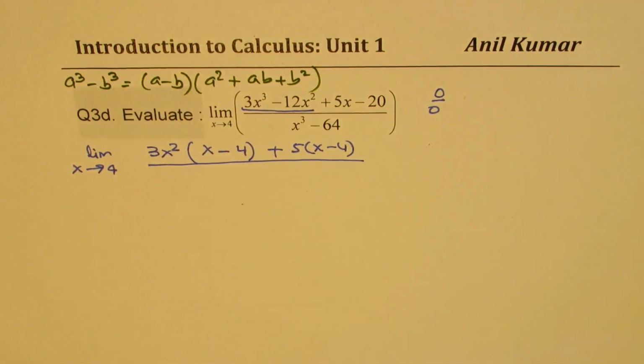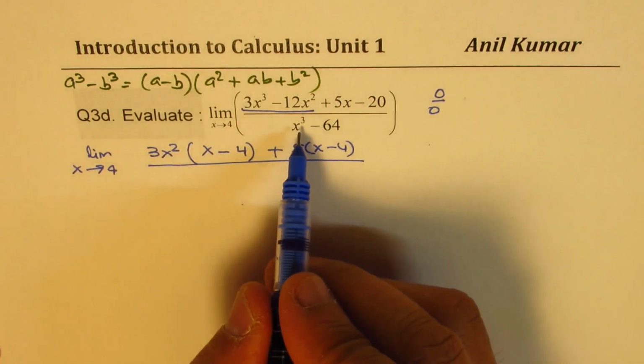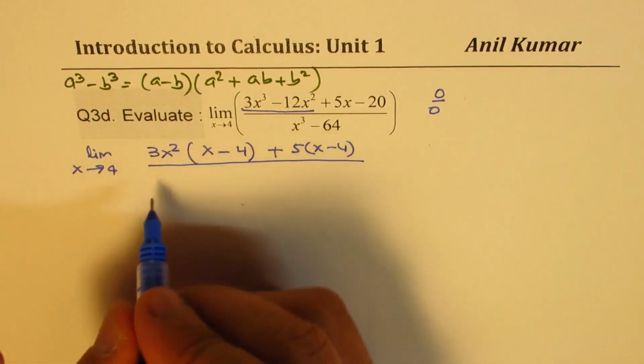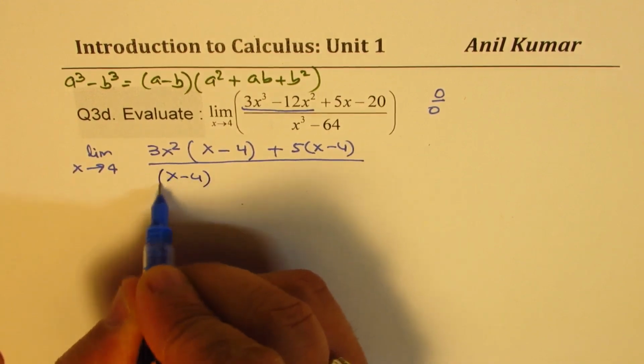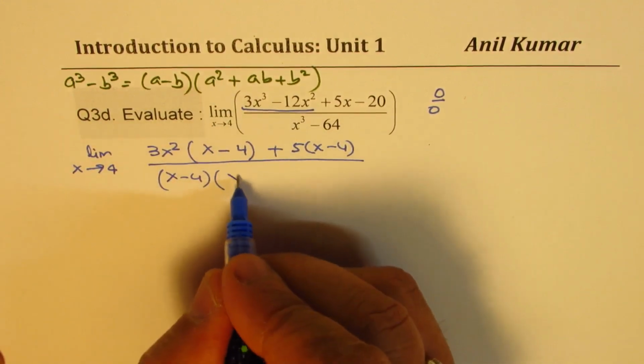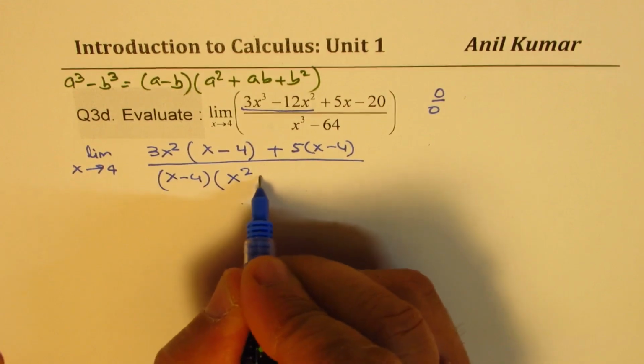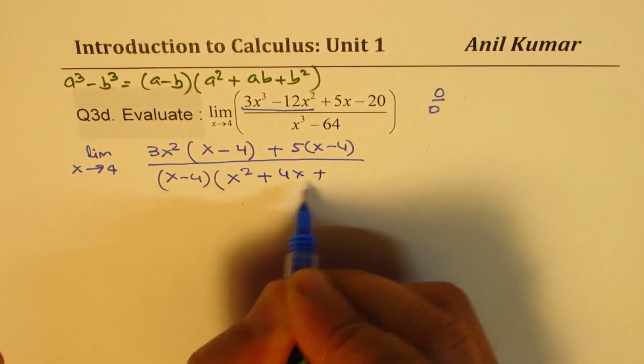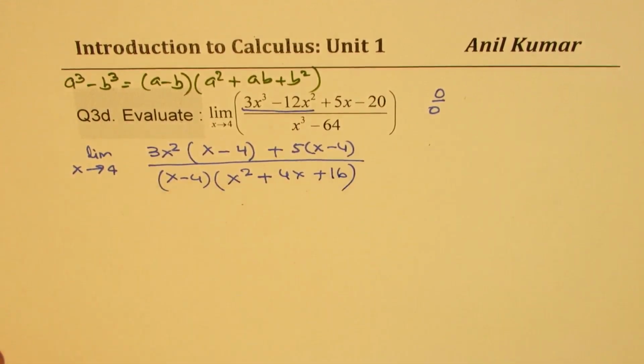So that is the formula which we are going to use to factor it further. Now, b is 4, so we get x minus 4 times x squared plus their product, which is 4x, plus the square of 4, which is 16. So that is your denominator, correct?